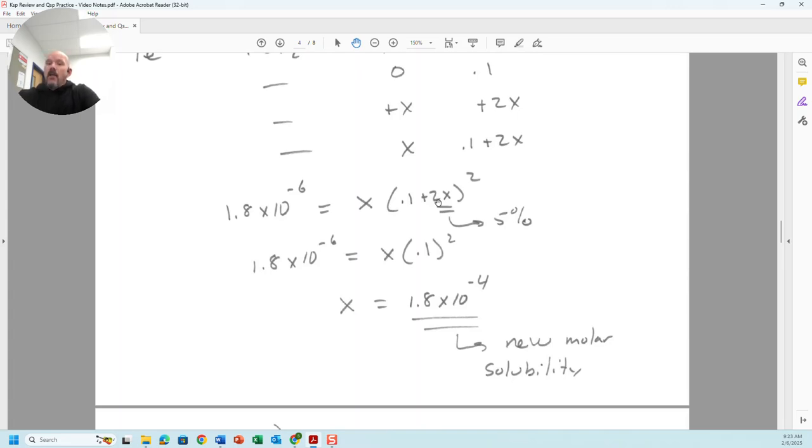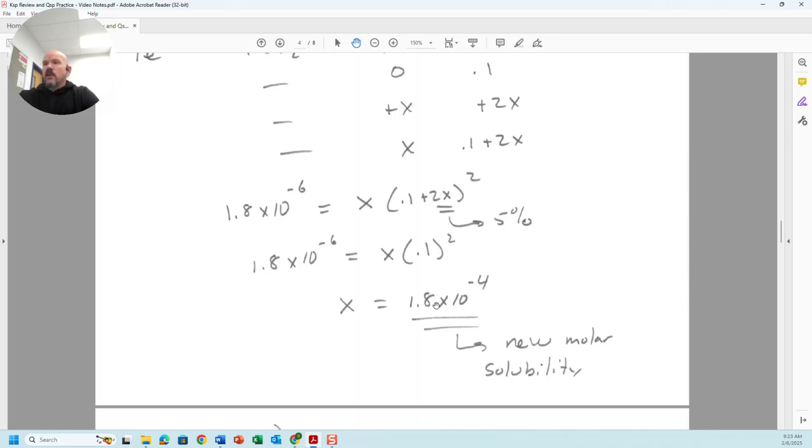A lot of you know how to do that very quickly, and I think you get Desmos when you're taking the actual AP exam, so if you could solve for X without doing the 5% rule, then more power to you. But remember, it's about time saving. So we 5% rule that, and we solve for X.